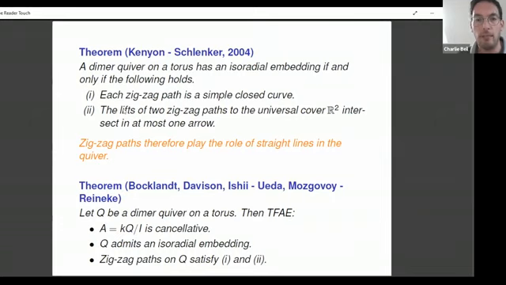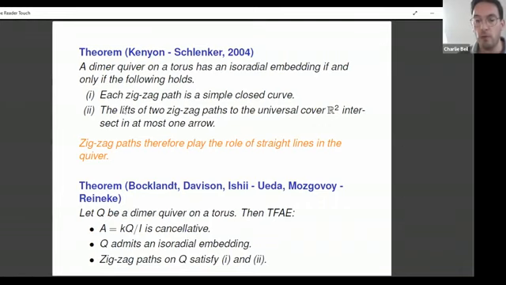So the people involved, I think the history is a little bit complicated. Moscovoy and Rennecke came up with 2 conditions that were equivalent to these combinatorial conditions. Then Ben Davison found that the second condition followed from the first, and Ishii and Ueda had similar conditions, and so did Buckland.